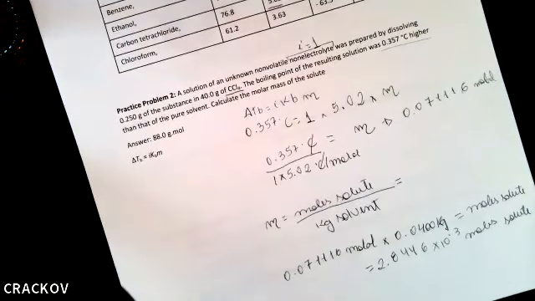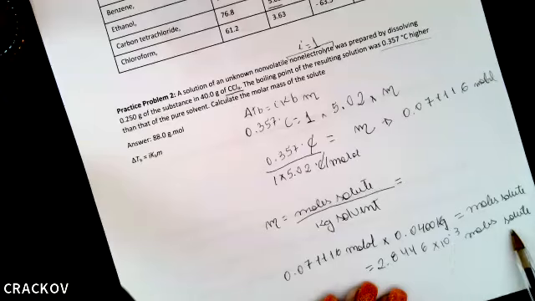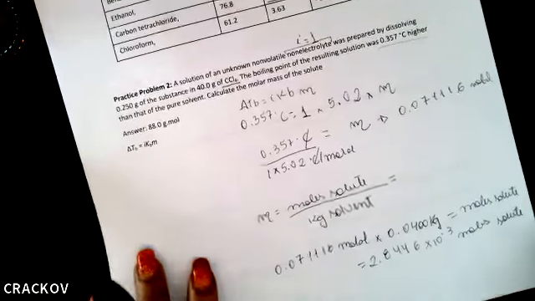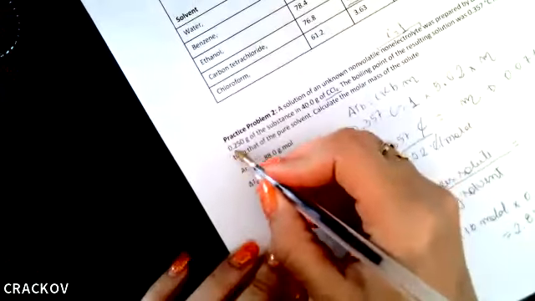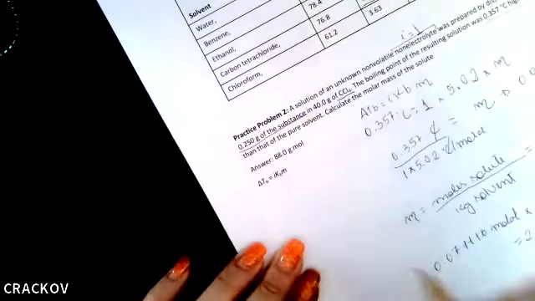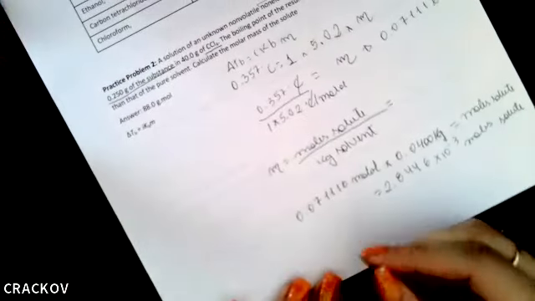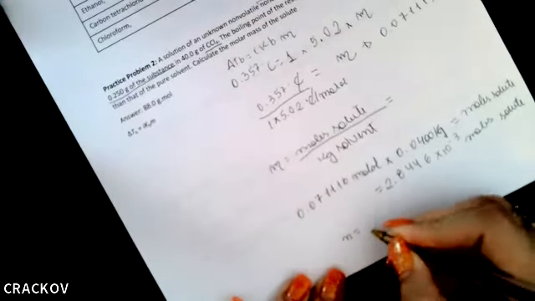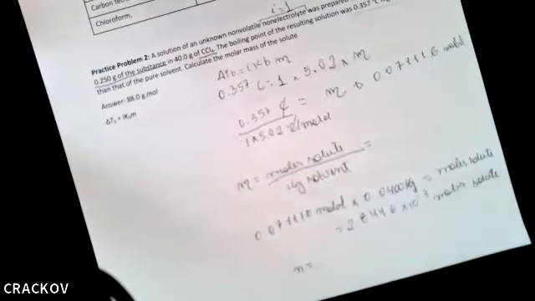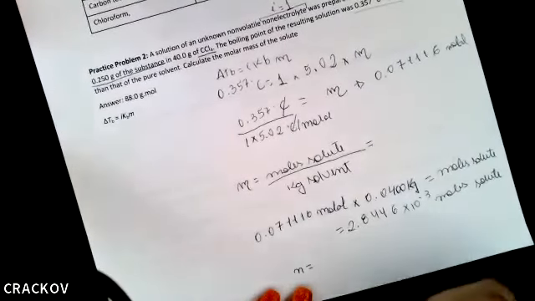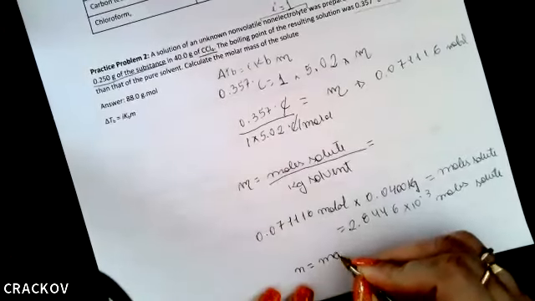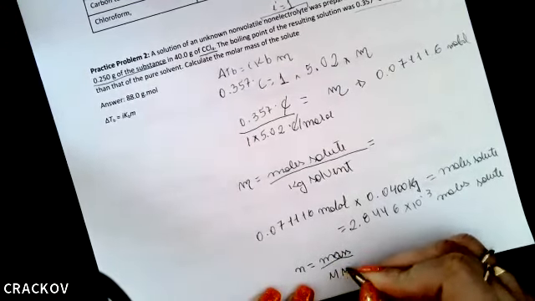The question asks for the molar mass of the solute. Now, to calculate the molar mass of the solute, you already have the moles, and the question gave us the grams, right? So how do we calculate the number of moles? Moles is equal to mass over molar mass, right?